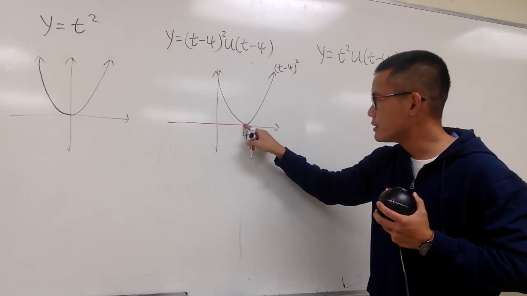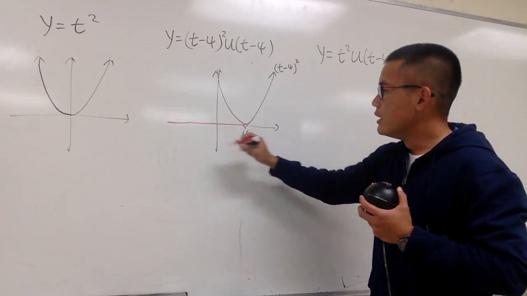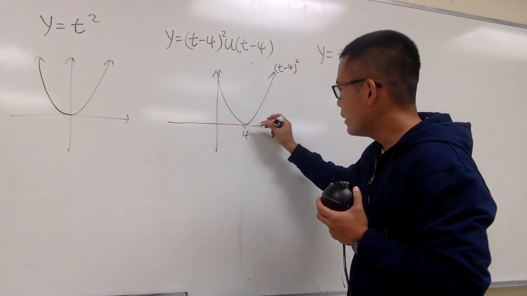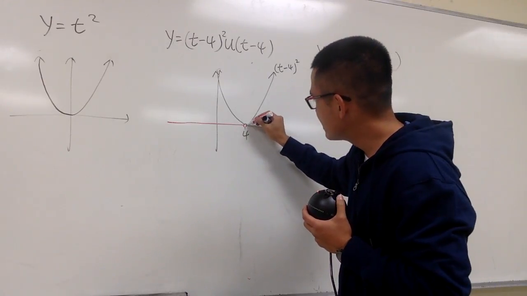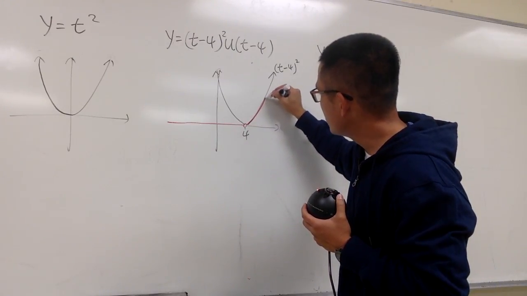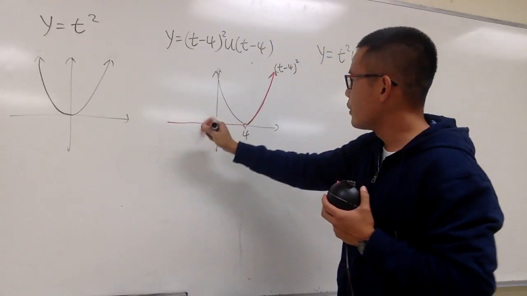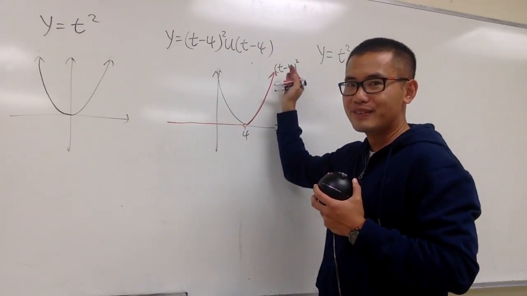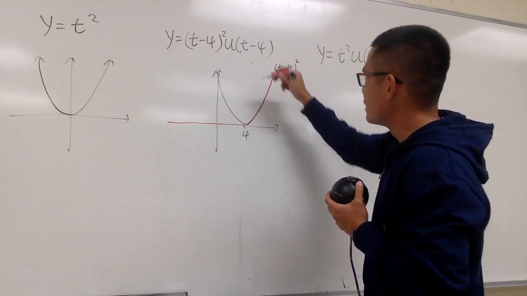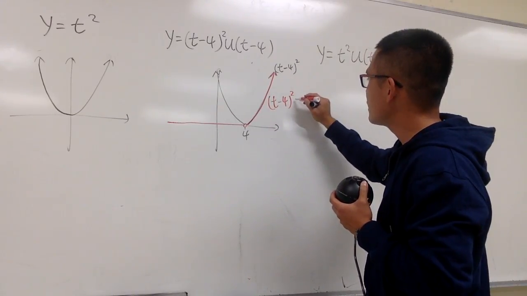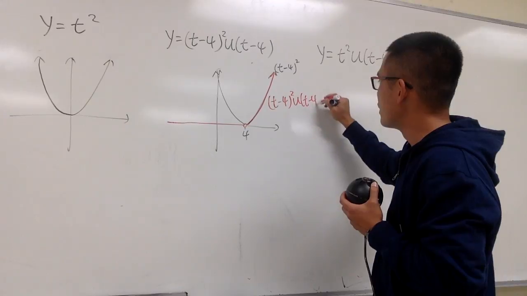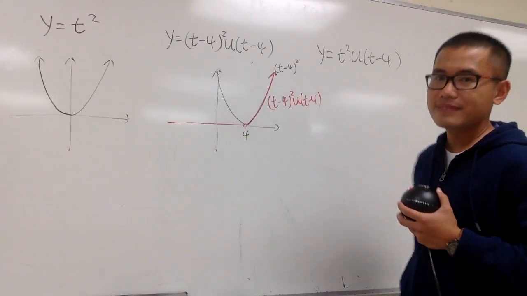So you should put an open circle like this. So anything before 4 is 0, and anything after 4 is just whatever the function is. So you just keep this parabola part right here. You keep this red part. So it's like a horizontal line and then a curve like that. And I will label this as t minus 4 squared times u of t minus 4. This right here will be the graph for that.